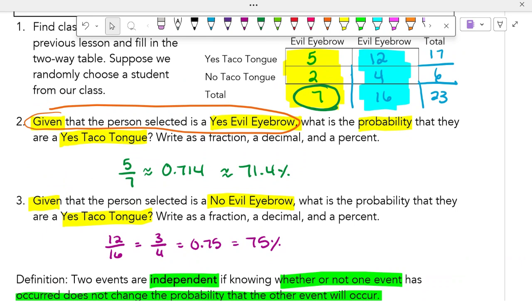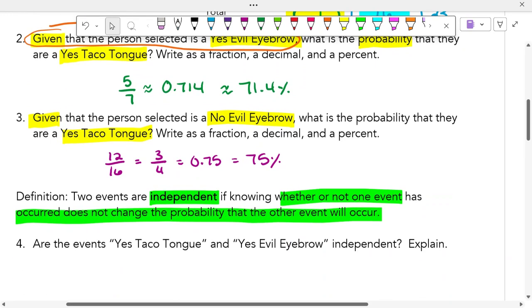So could we say that these two events are independent? Given how close they are, I would say yes. But if this was, let's say, 20% versus 80%, then it would be a no because one does affect the other.